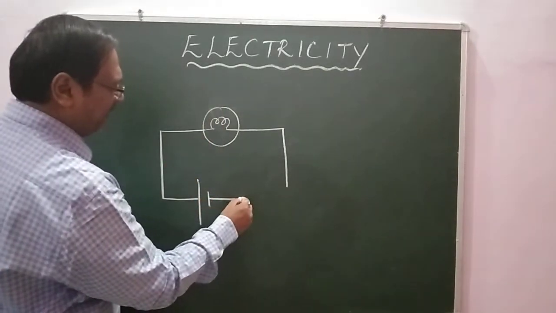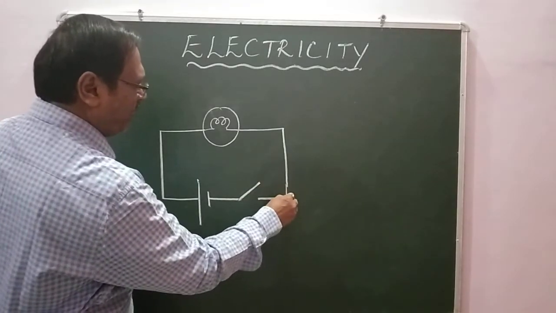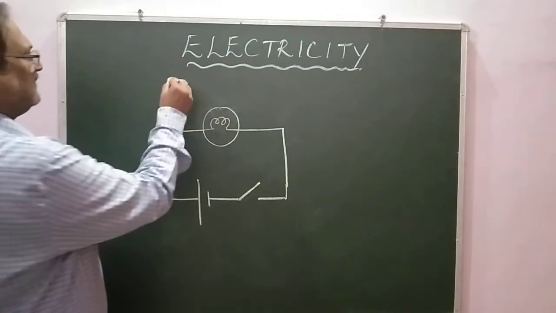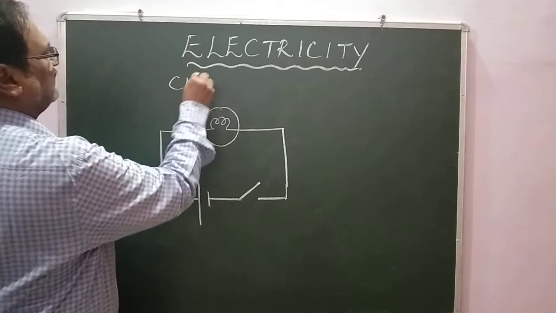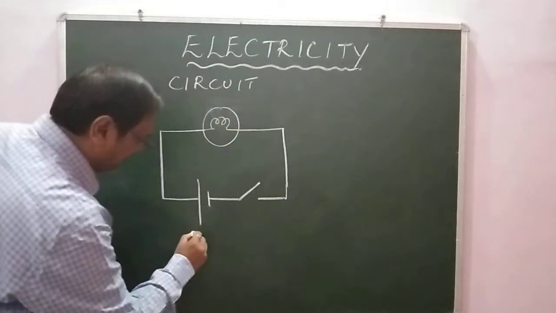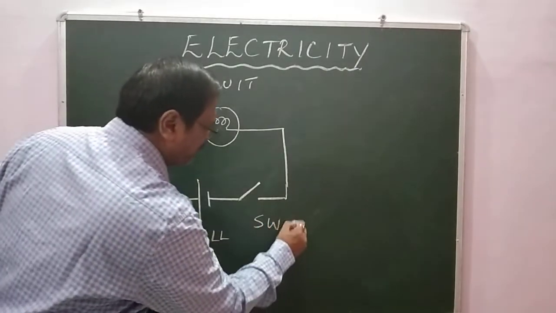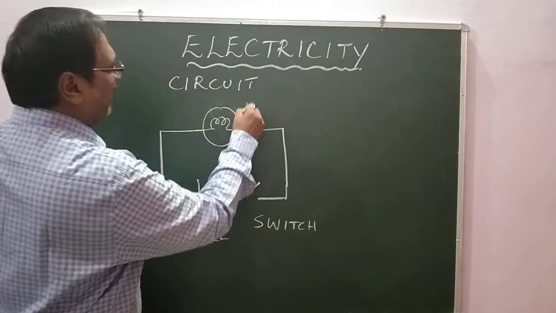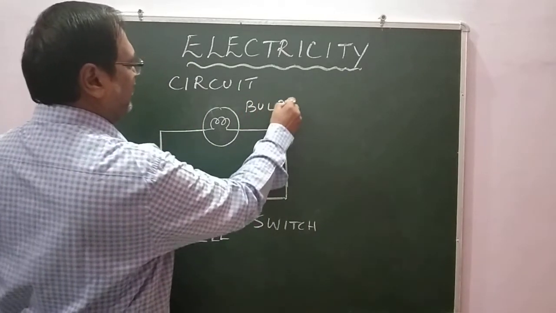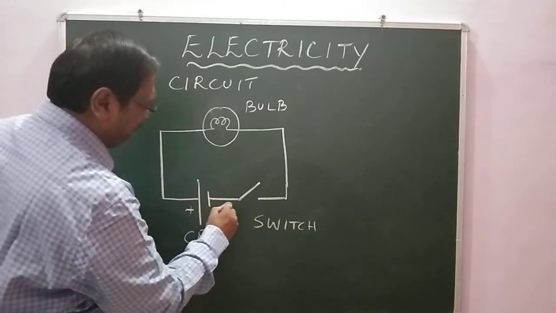And then I draw a switch like this. So this is a very simple electric circuit, and this is a cell, and this is a switch, and this is a bulb we have taken. Now this is positive terminal, this is negative terminal.